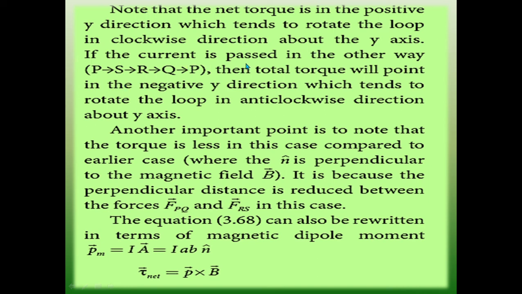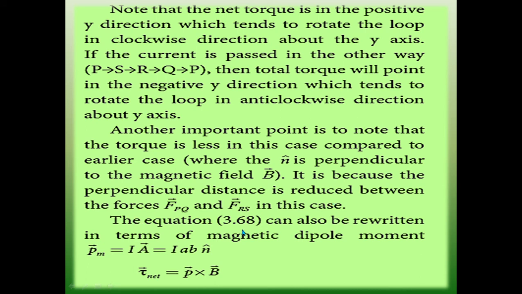If the current is passed in the other way, PS or QP, the total torque will point in the negative y direction, which tends to rotate the loop in anti-clockwise direction about the y axis. Another important point to note is that the torque is less in this case compared to the earlier case where the n cap is perpendicular to the magnetic field B vector. It is because the perpendicular distance is reduced between the force F_PQ vector and F_RS vector in this case.